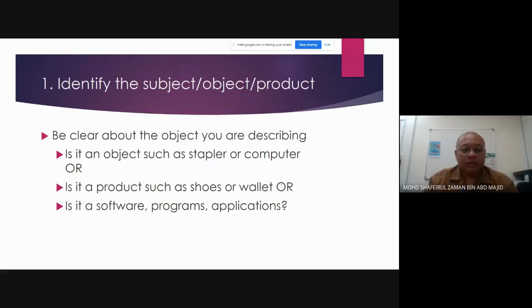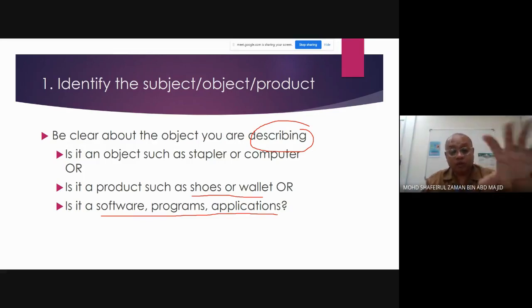So, number 1, identifying the subject or the object or the product. You have to be very clear of what you are going to describe, whether it is an object such as a stapler or a computer, or a product such as shoes or a wallet, or software, programs, or applications. Let's say you're going to describe a new laptop or computer. You just need to describe the computer itself: the casing, the monitor, the hardware.